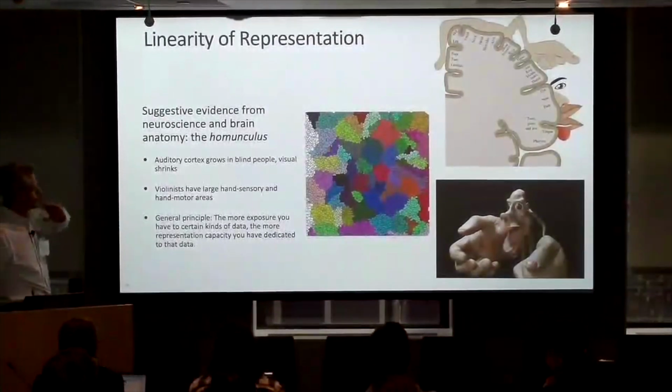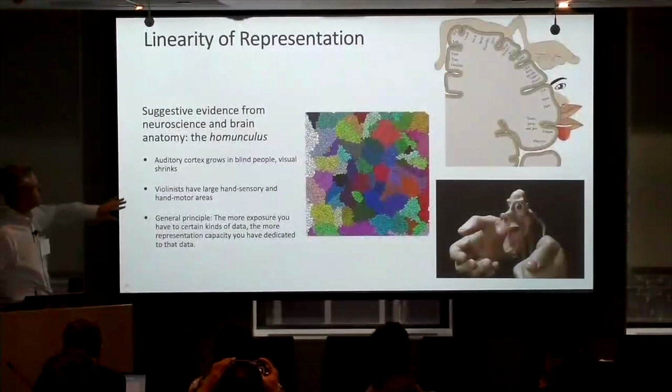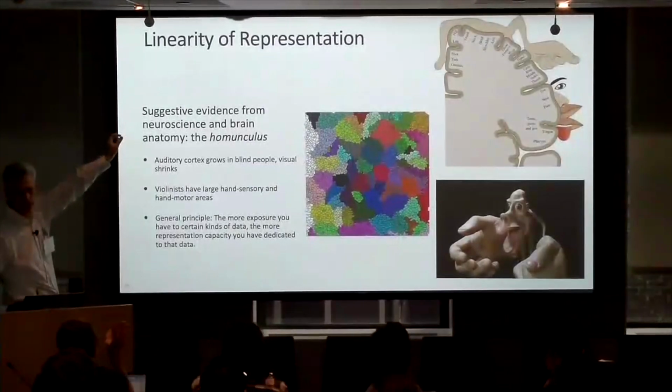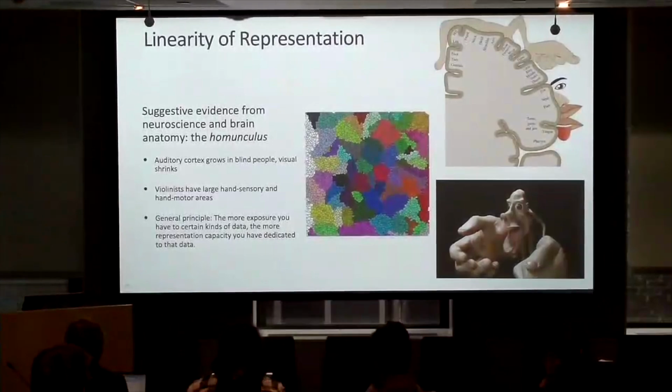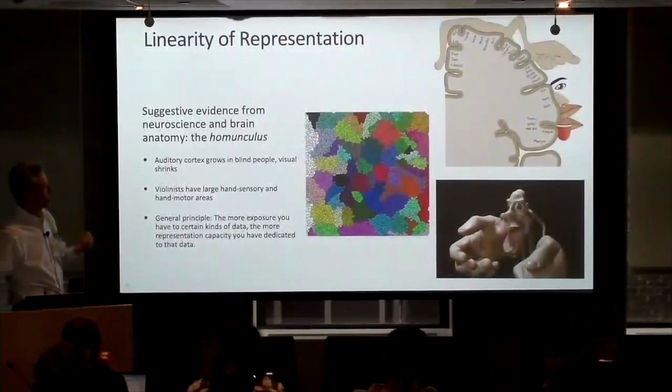Of course, lots of people are famous for misusing facts about brain anatomy to talk about neural networks and so forth. But how many people have seen these homunculuses? The diagram on the upper right shows you the portion of the somatosensory cortex that's dedicated to different parts of your body.